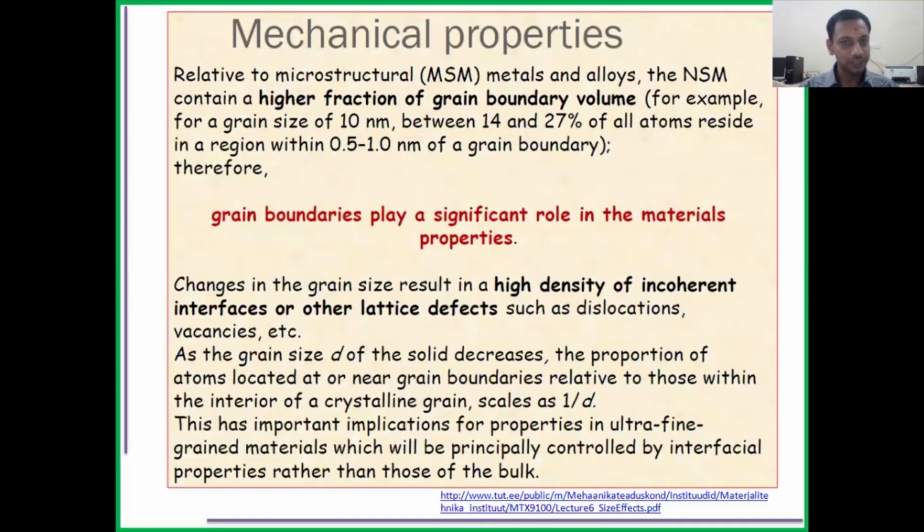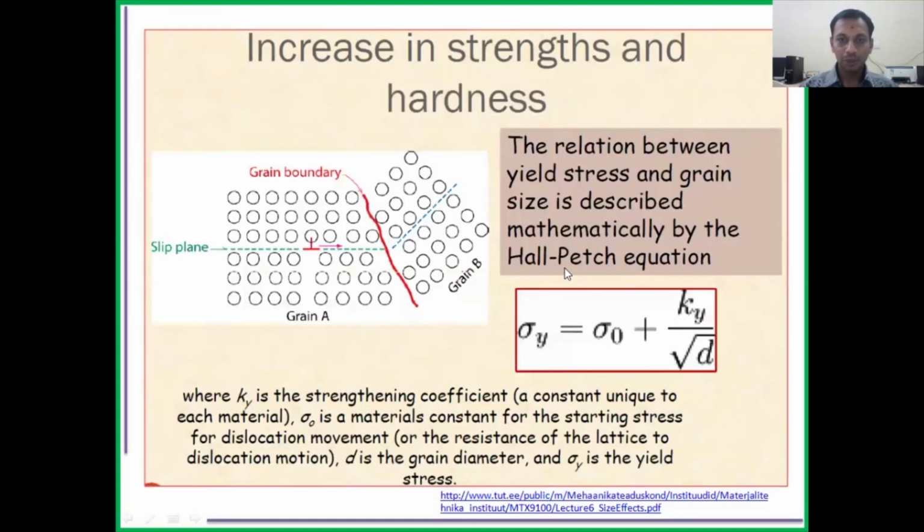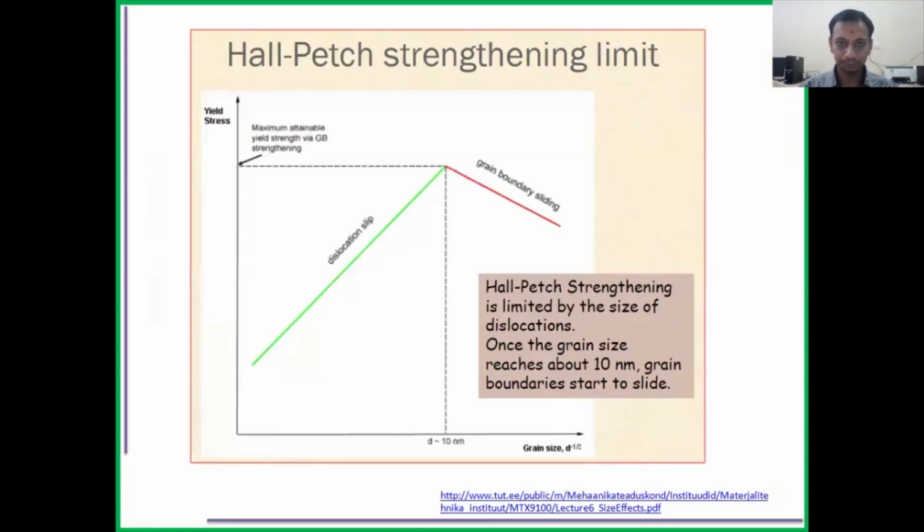So mechanical properties are also changing, as I told before, and in mechanical properties the grain boundaries play a significant role in the material's property. For grain boundaries, there is a whole Hall-Petch equation related to the mechanical properties. I will not discuss more about this, but at least we have some knowledge. It's affecting the hardness also. It's enough for now.